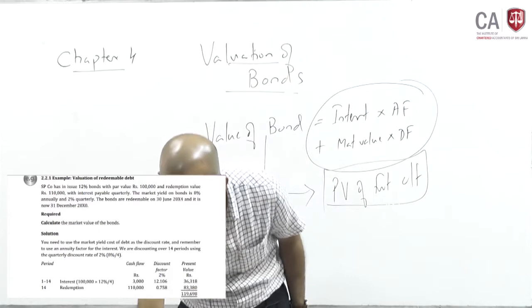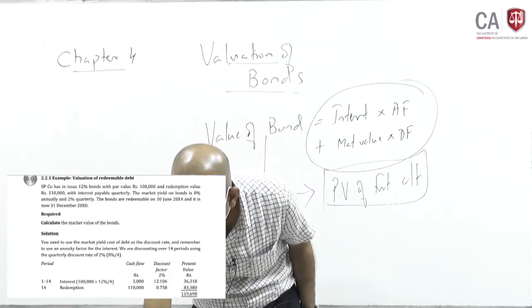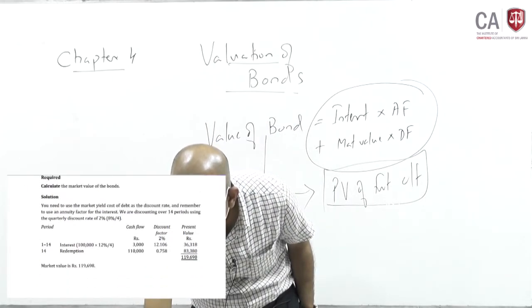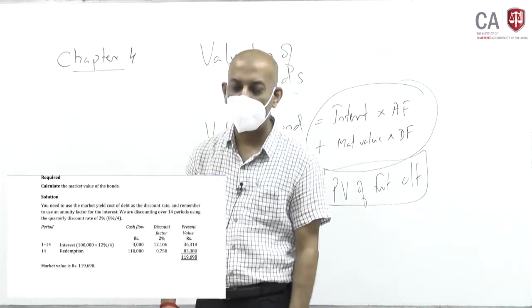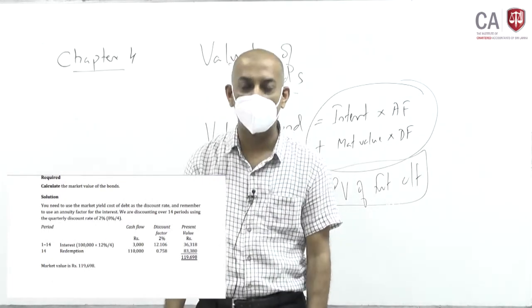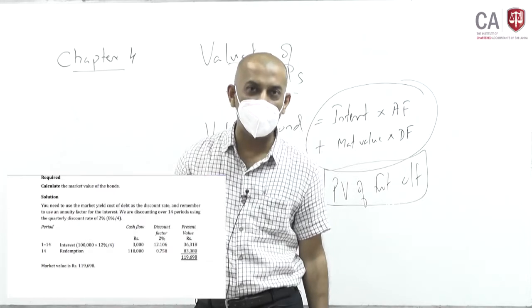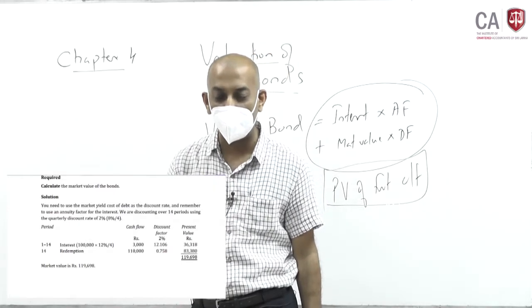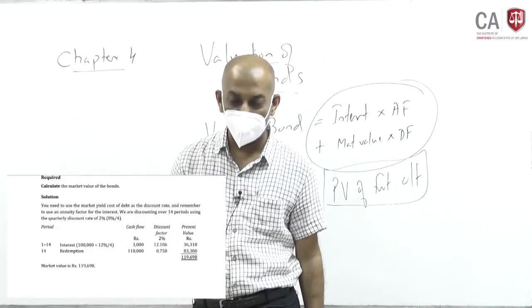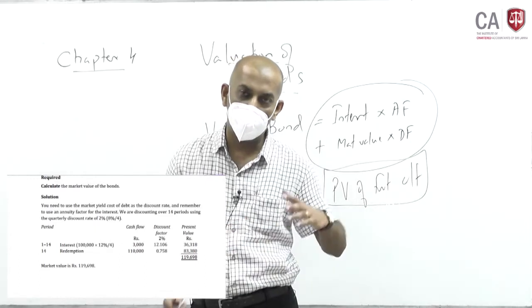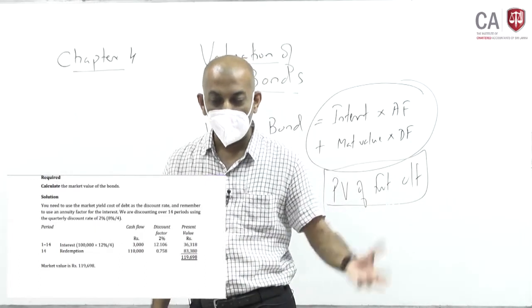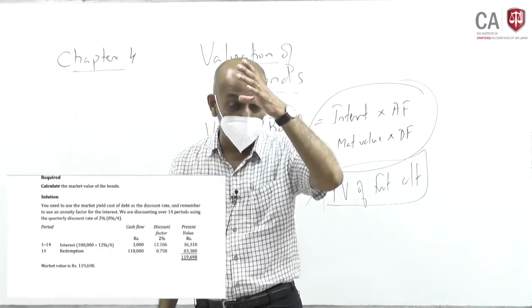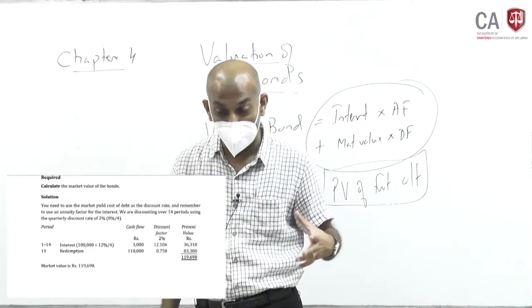So accordingly, your bond is valued at 119,698. Today your bond is worth 119,698. Now see, your bond face value was 100,000, but your market value at the moment is 119,000.